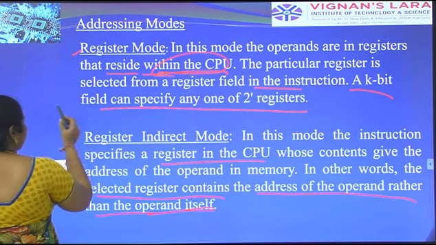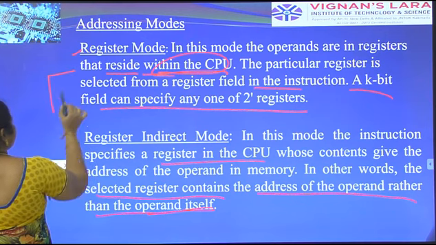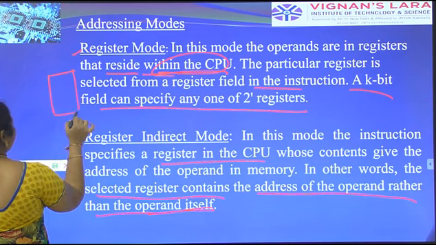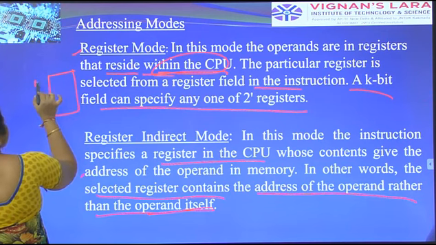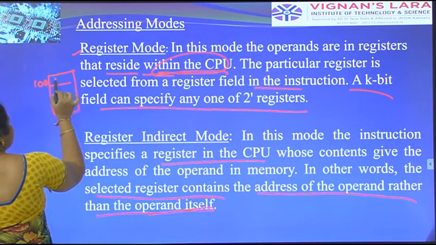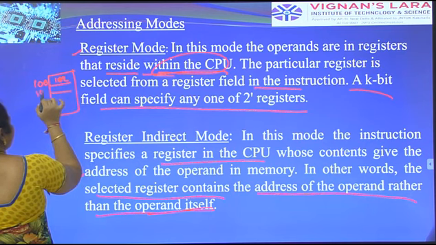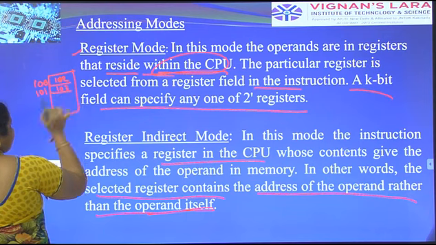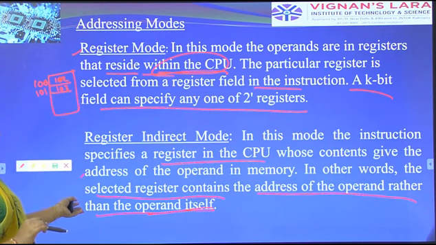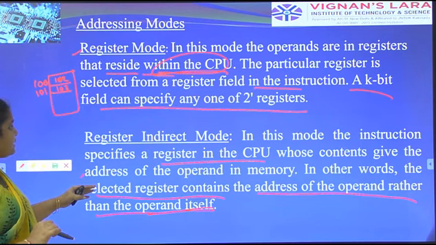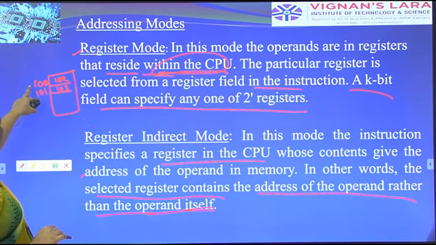For example, take an instruction format like this. Here, address 100 has the content 102, and 101 has the content 103. Indirect means it does not specify the operand directly. For example, the user selects address 100, whose content is 102.